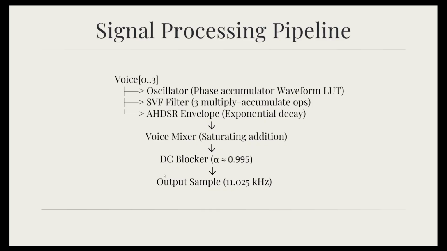After that, all voices are combined in a voice mixer using saturating addition, so the mix does not overflow and wrap around. Then the mixed signal passes through a DC blocker with a coefficient around 0.995 to remove DC offset and stabilize the waveform baseline. Finally, the system outputs one audio sample at the target sample rate.